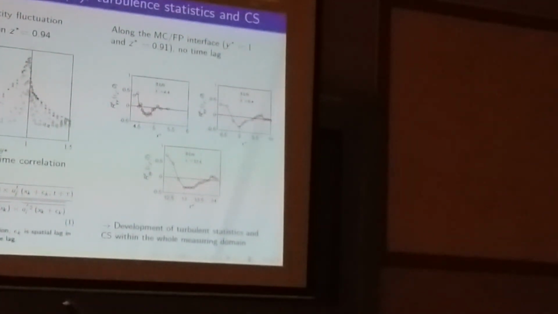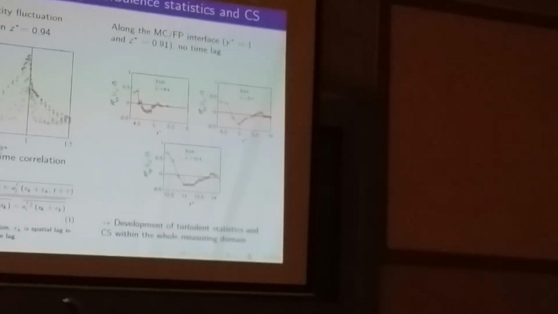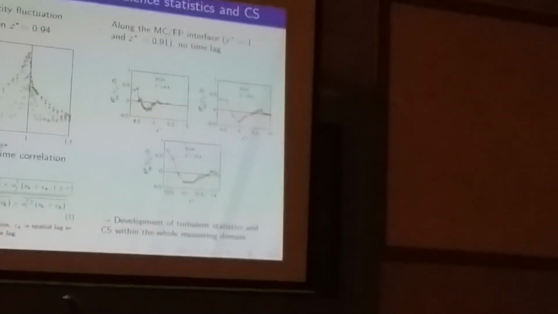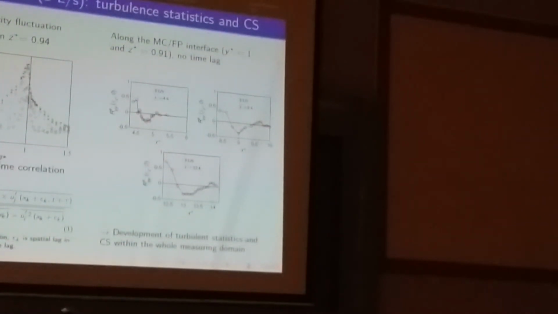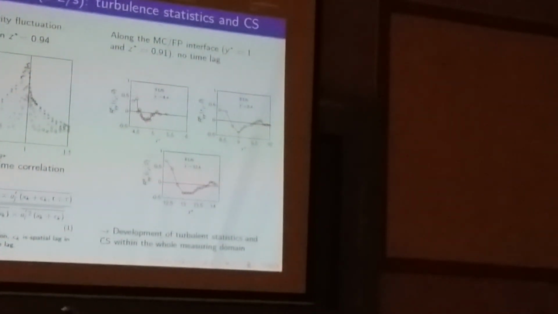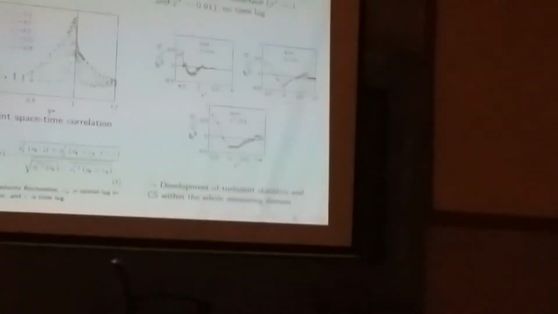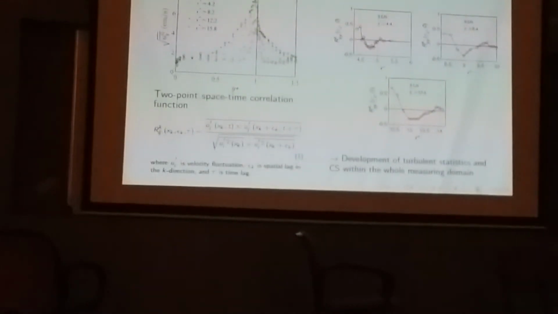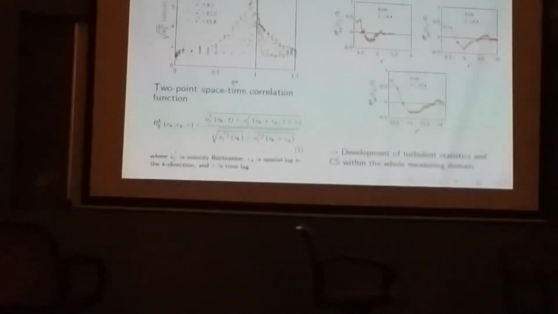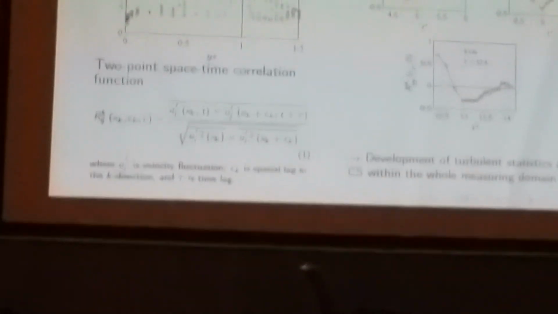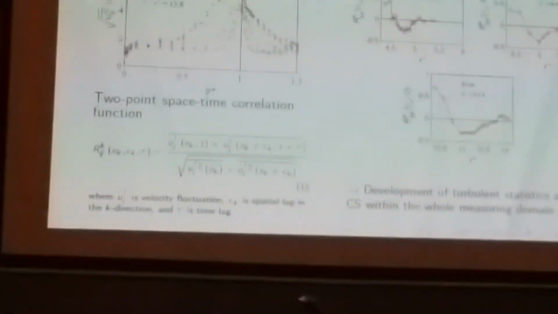And now, I don't know if you are used to this space-time correlation. I was not, but now I'm aware of it. It's very simple. You measure the signal at two different positions with the two probes, and you multiply the two signals, okay? If the signals are independent, the time average of this product will be 0.